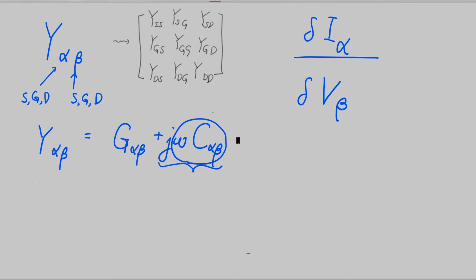In the quasi-static approximation, we simply assume that omega equals 0, so the C sub alpha beta component cannot be obtained. That's the reason why even at low frequency, although we are not working with an extremely high frequency device, we still have to calculate this transient behavior. Are you with me?